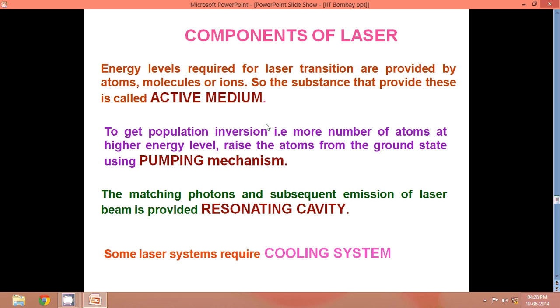And by spontaneous emission, we get a matching photon, and this matching photon undergoes resonance with the atoms in the higher energy state, and there will be a subsequent emission of light. And this whole system, which makes the photons make to and fro motion, is called the resonating cavity. As the lasers produce light, they may get heated sometimes. Therefore, some laser systems require cooling arrangements.